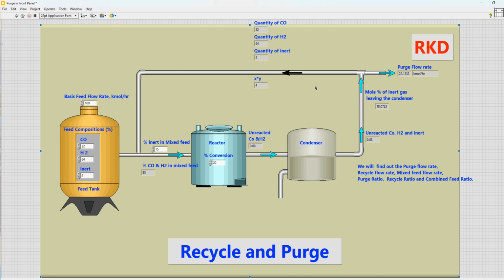So now we'll do this material balance at this point.